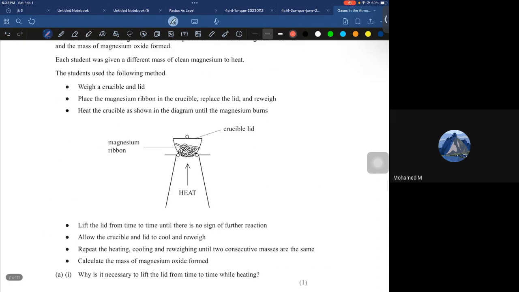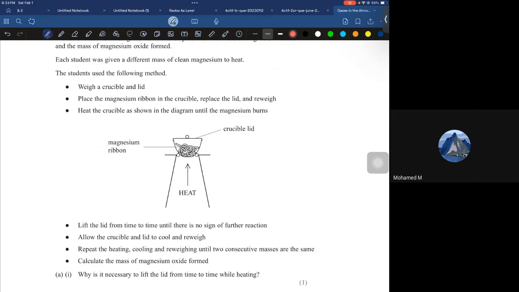A crucible is basically an apparatus made of a material that is a good heat resistant. Because when you are going to heat any metal, obviously you are going to provide strong heating. If you take any other glass beaker, it may crack. So the crucible is the special one that can be used for this purpose.